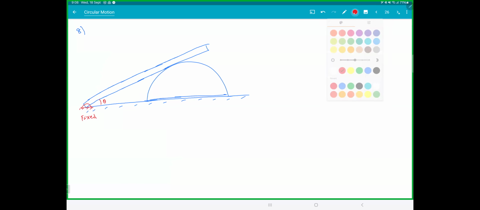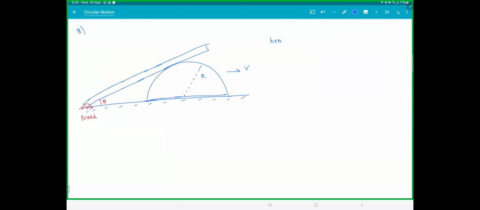This is theta. This is radius r, and this hemisphere is going with speed v. So the rod is resting on the hemisphere. Find the angular velocity of the rod.